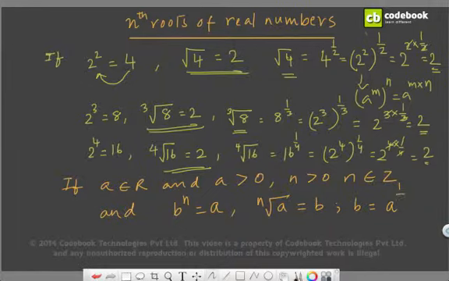So b can also be represented in exponential form as b equal to a power 1 by n. Nth root of a can also be expressed as a power 1 by n.